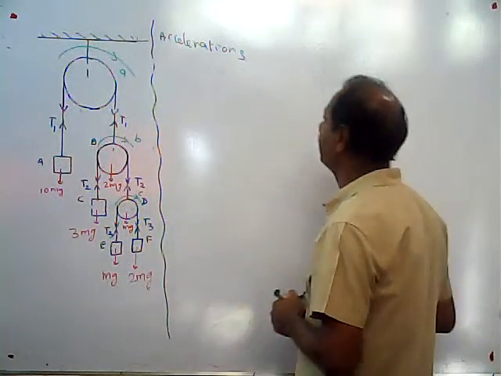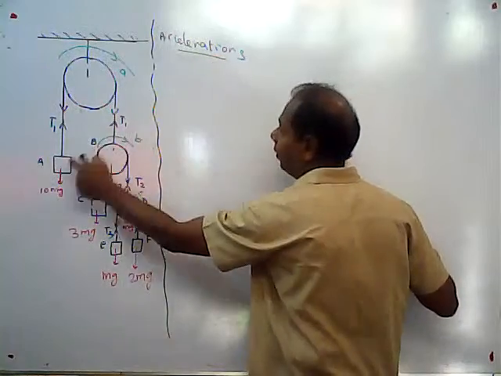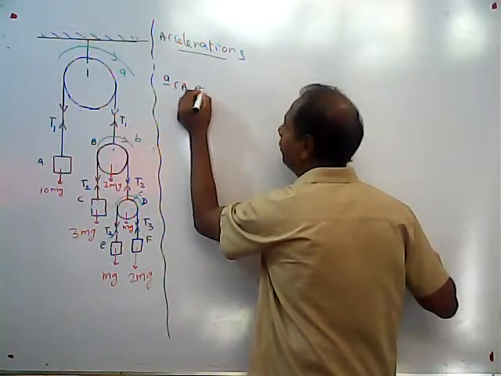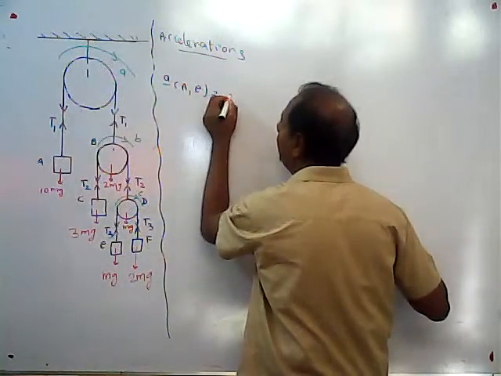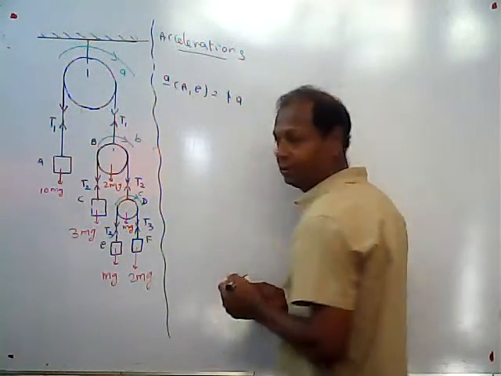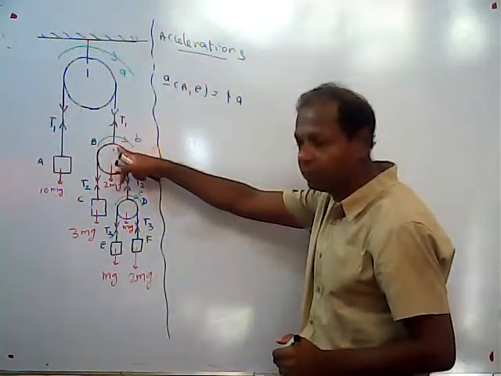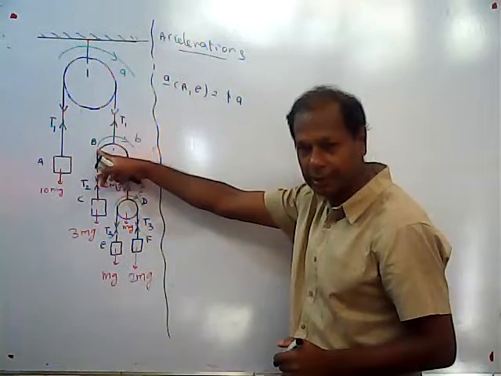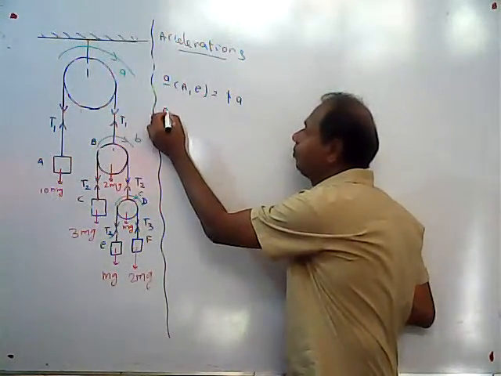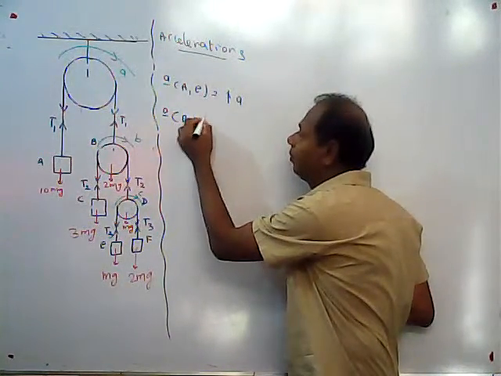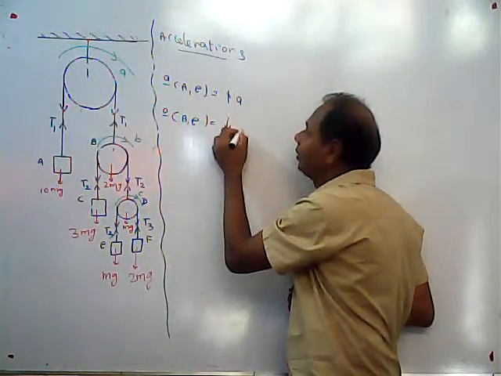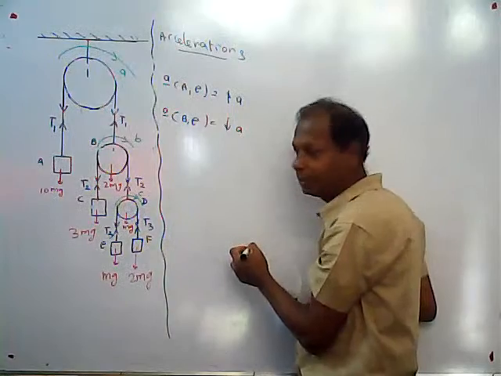Acceleration of A relative to the frame, it's going up at A. Then we'll immediately go to the other end of the same rope. So you see B there, acceleration of B relative to Earth frame is coming down at the same A, the opposite direction, right?